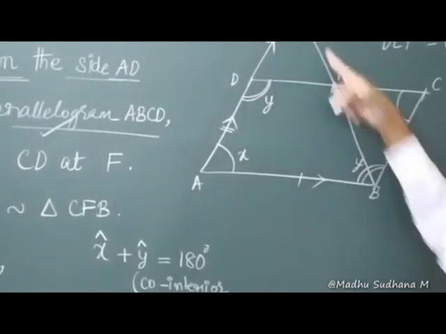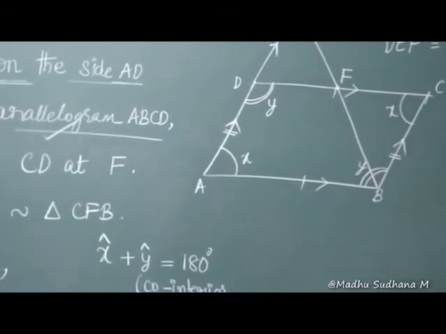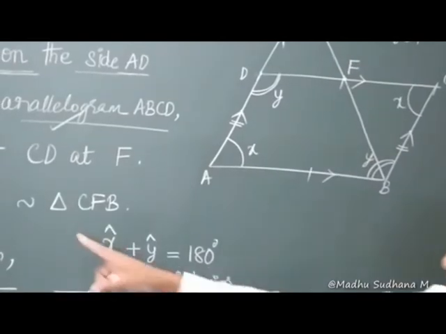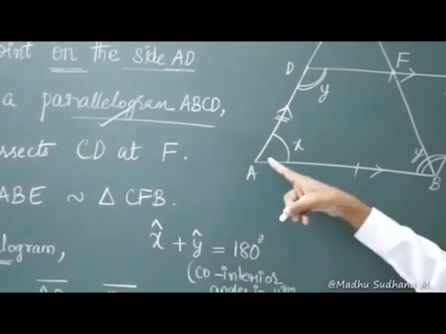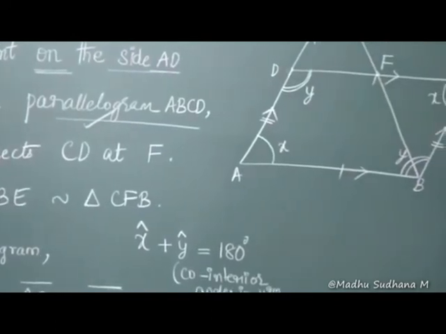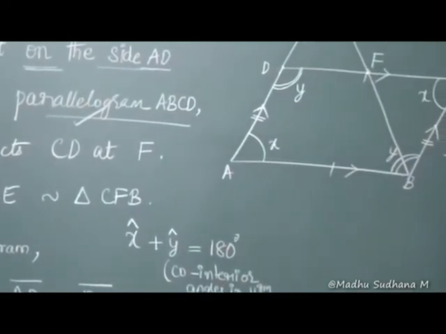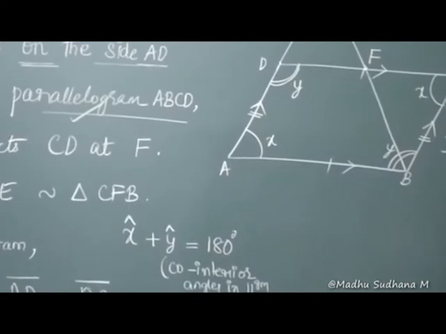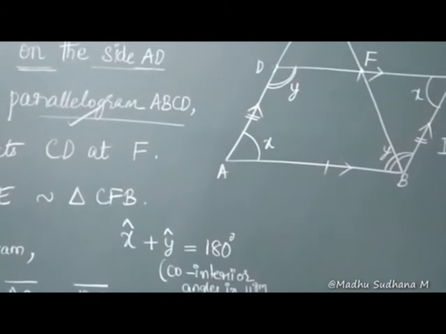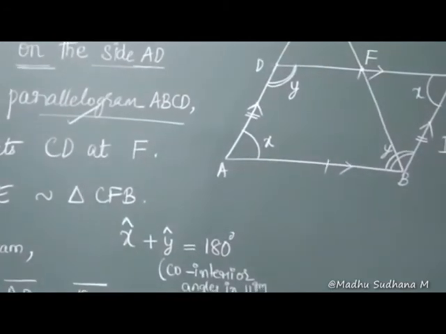You can find one Z here, right? So this Z is one pair of alternate angles equal. So now we need to prove that triangle ABE, which is a triangle AB and E. So let me write, in triangle ABE and triangle CFB.